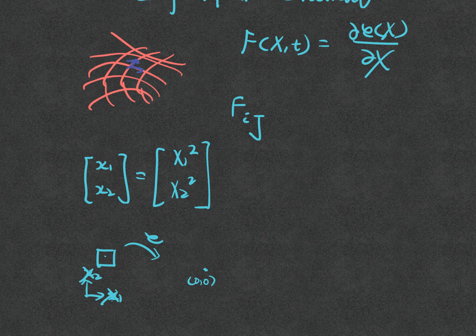If big X1 and big X2 both equal 1, what is the mapping? Still the same. But in between, what happened? How about 1, 0 and 0, 1? It also doesn't move, right? These four points, right? In between, what happened?